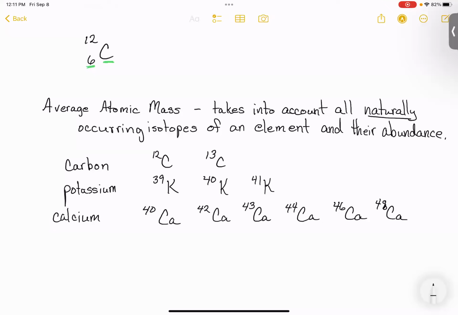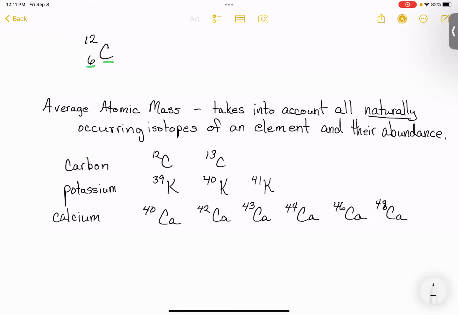And that is incorrect. So anybody that's had chemistry, I've got to break that statement now. The mass number is never on the periodic table. What is on the periodic table is the average atomic mass.